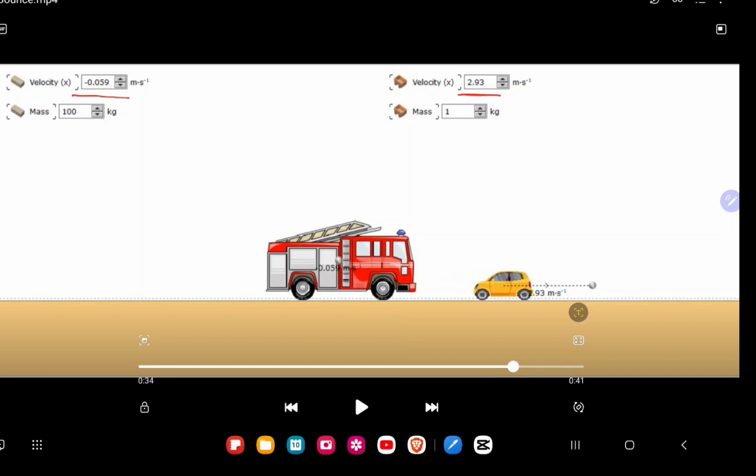So the velocity for the small car, v before the collision, is almost the same as v after the collision.